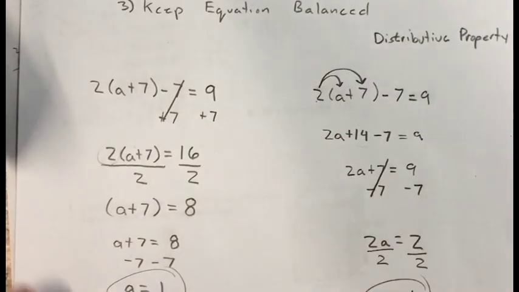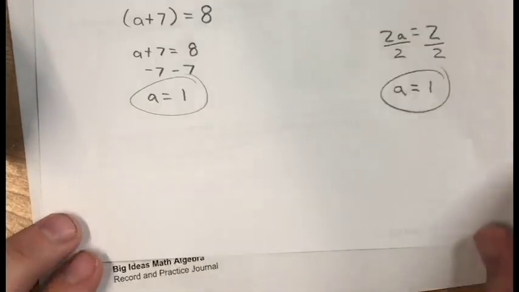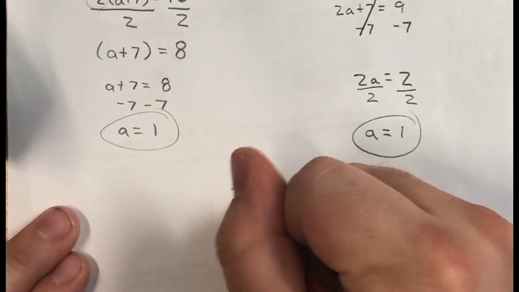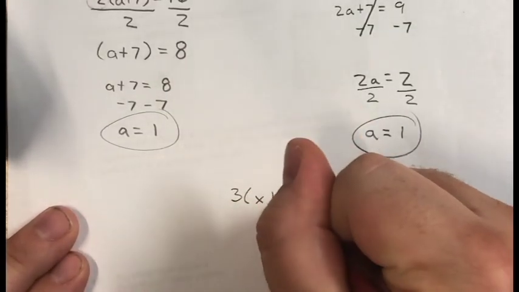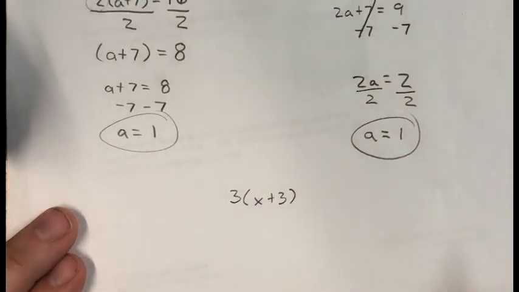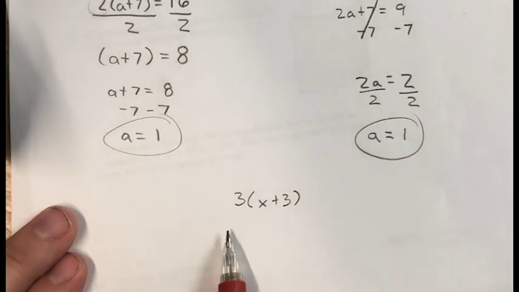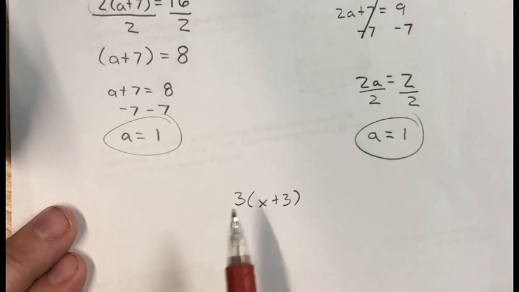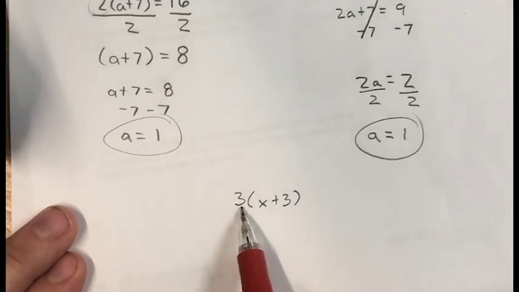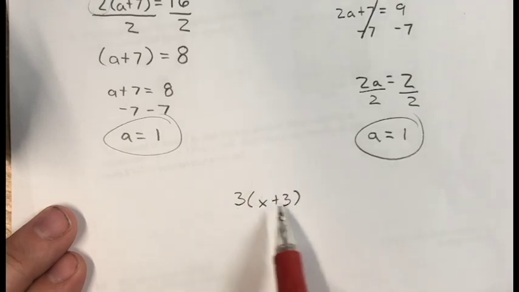So let's talk about the distributive property one more time. This is just a little review. You should have seen this before. But when you see something like this, it's 3 times something inside of parentheses. It's just basically telling you to take this 3 and multiply by everything in there.